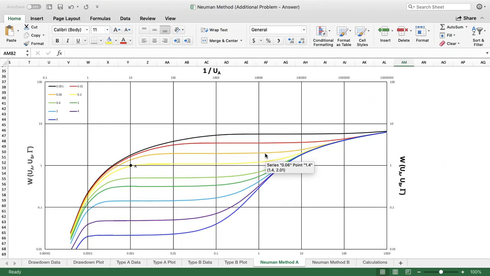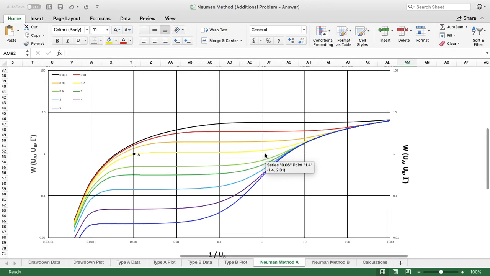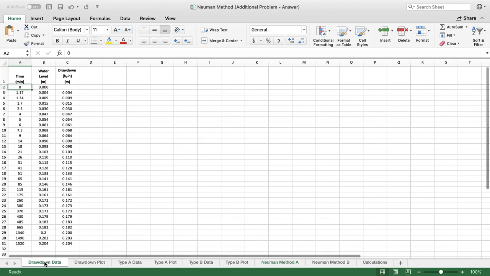Now, if you come to the spreadsheet that you were given, first of all, we have our drawdown data. So this is time against the water level, and from the water level we can calculate the drawdown, okay, which is just how much the water level dropped from its initial value.